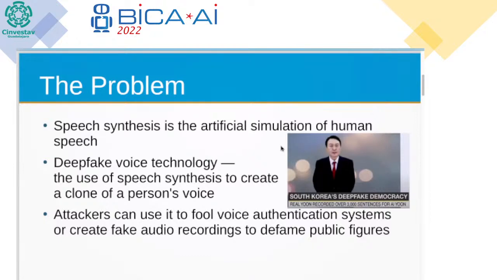Speech synthesis is artificial simulation of human speech using a computer. It's a counterpart of voice recognition, and it's mainly used to convert textual information into audio information so that a person can naturally interact with digital devices. But a separate direction is the use of speech synthesis to create a clone of a person's voice.